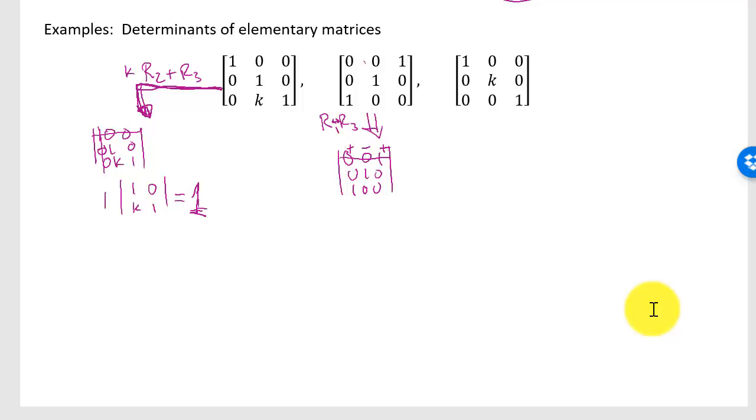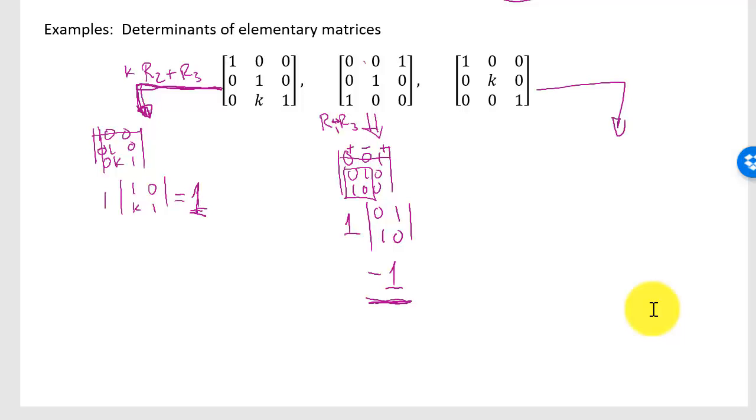So we have a plus 1. And the submatrix is going to be 0, 1, 1, 0. And the determinant of this is 0 minus 1. So this becomes a negative 1. So when we do a switch, it looks like we're going to come up with a negative 1, which is a negative of our identity matrix determinant.